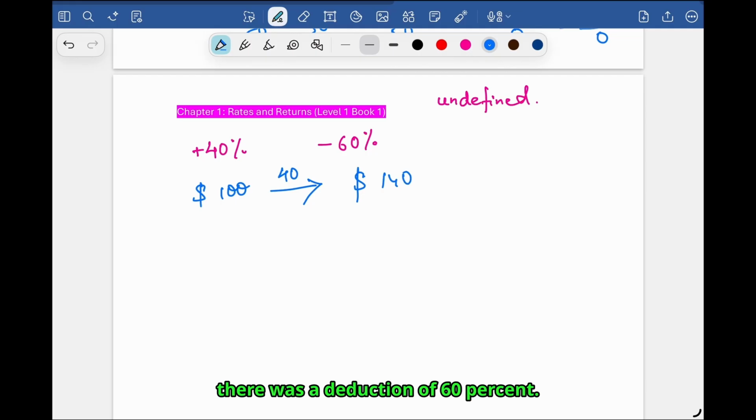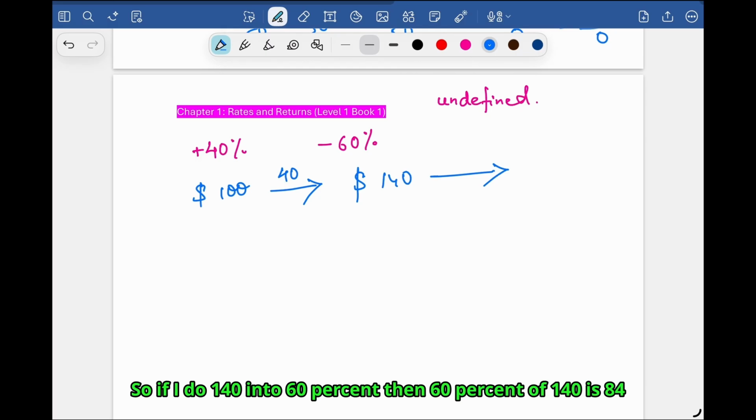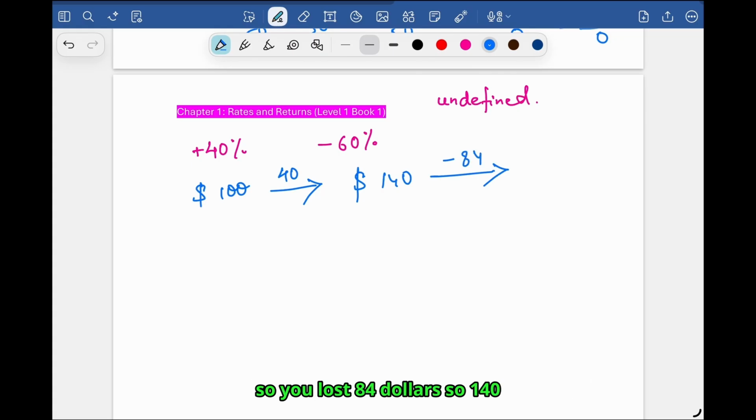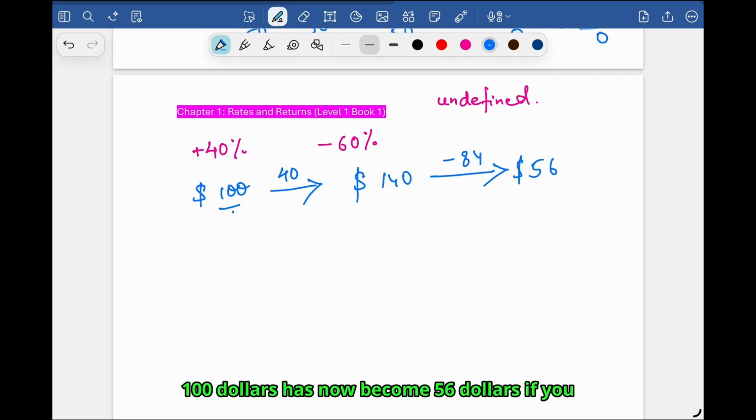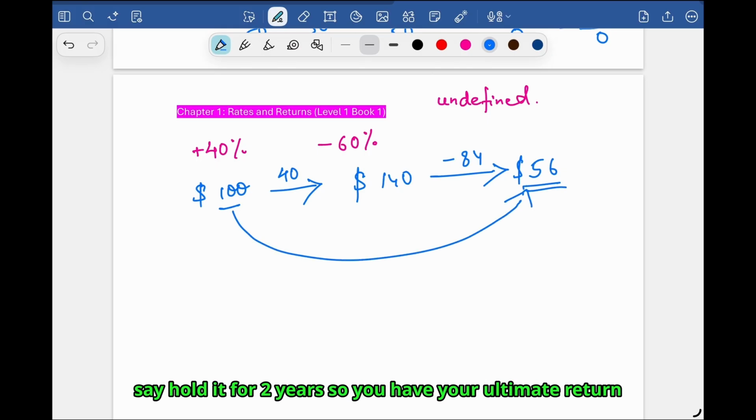Then there was a deduction of 60%. 60% of 140 is 84, so you lost $84. 140 minus 84 gives you $56. So at the end of year 2, your $100 has become $56 if you hold it for 2 years.